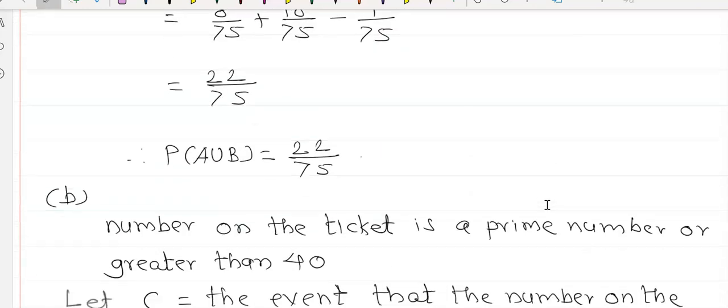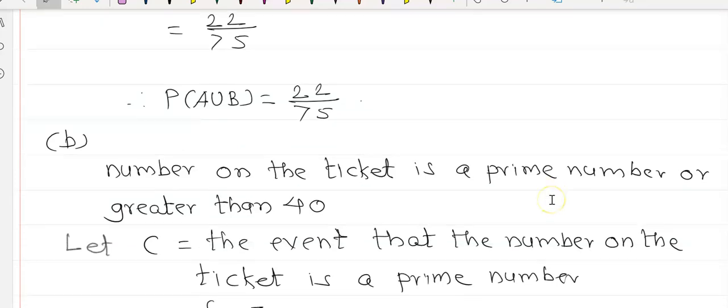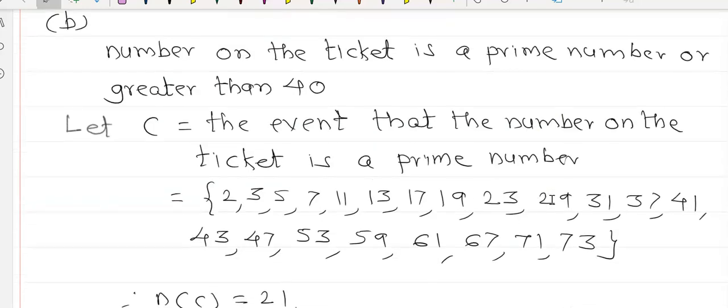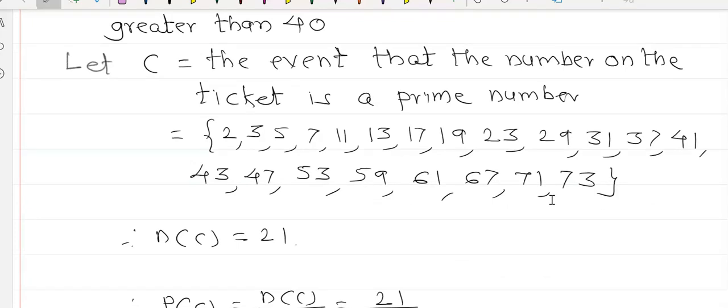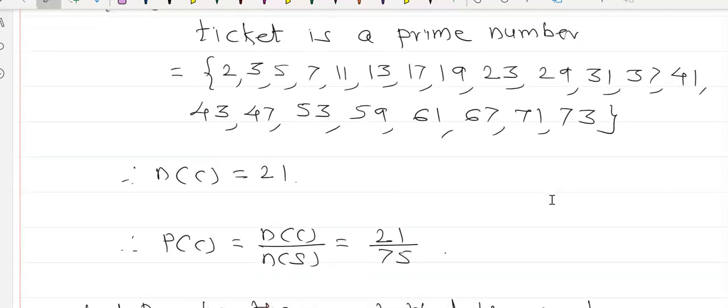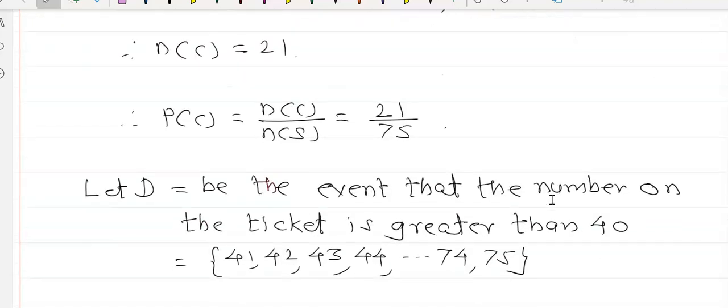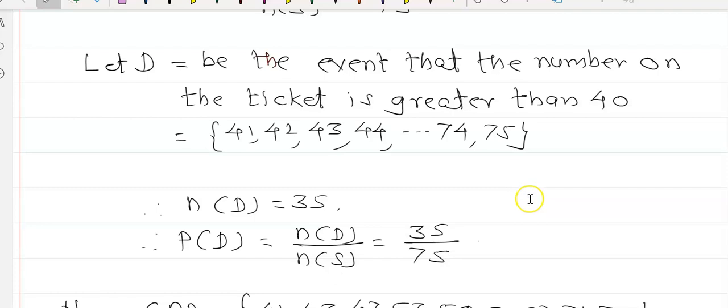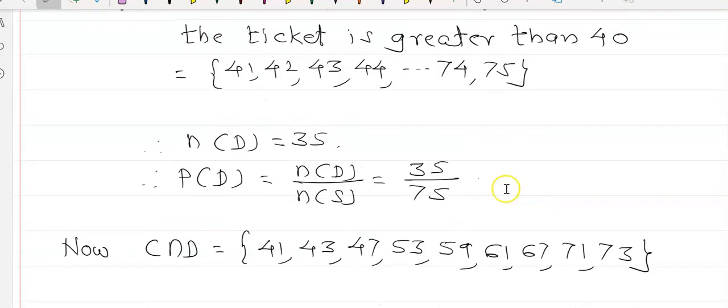Now next, the number on the ticket is a prime number or greater than 40. These are the prime numbers. n of C is 21. 21 upon 75, this is P of C. D, the event that the number is greater than 40. These are the 35 numbers, therefore n of D is 35. P of D is n of D upon n of S, 35 upon 75.